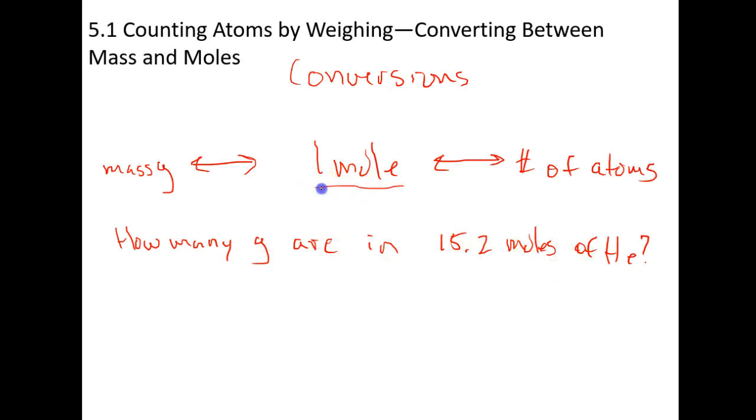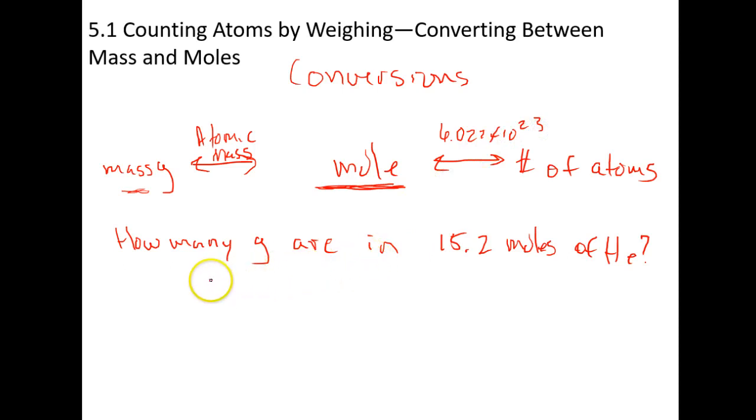This is my given quantity, moles, and I'm trying to get to mass. So this is where I'm starting in my equation. The way I do it is by using the atomic mass. The way to get from moles to number of atoms is I use Avogadro's number.